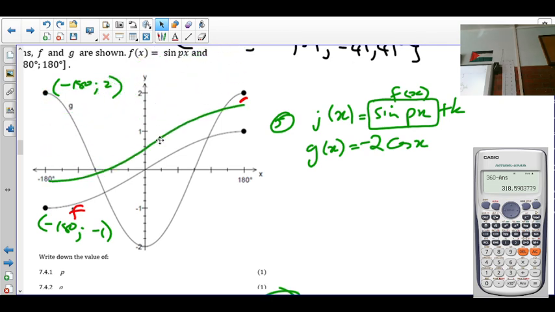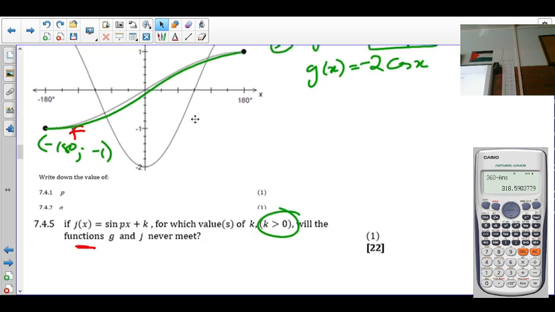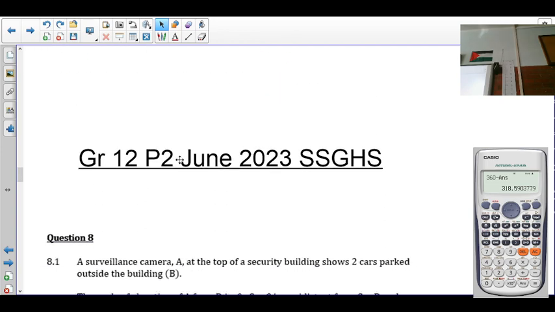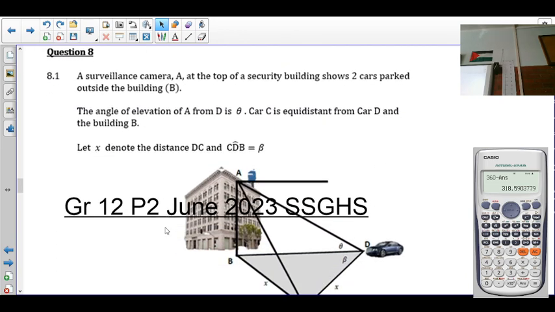So to get from there to there, it moved how many units? 3. So if this graph moves anything more than 3, it will never intersect. Can you see that? So to answer this question, we say, therefore, k must be greater than 3. Alright.